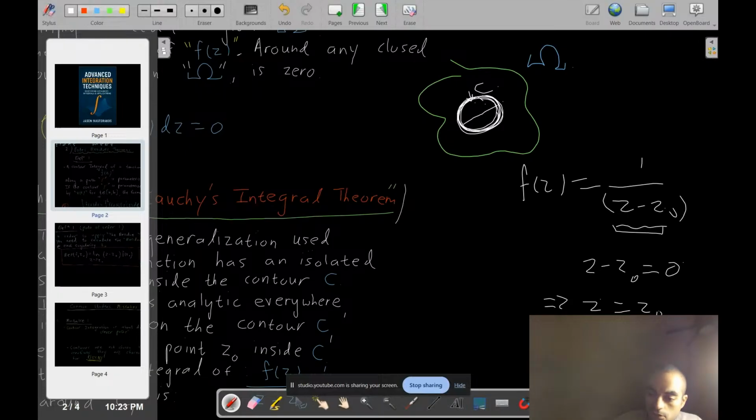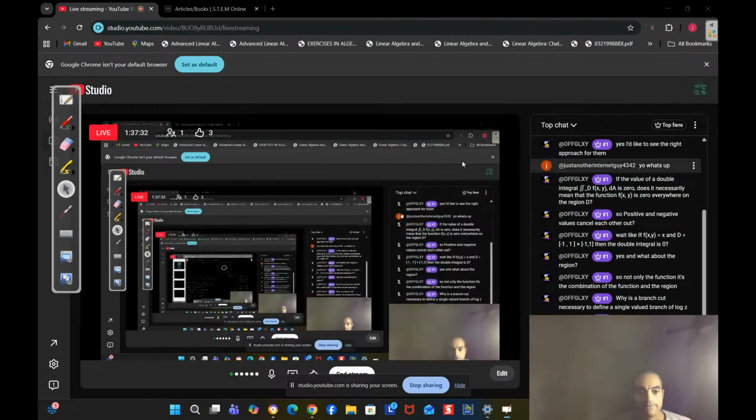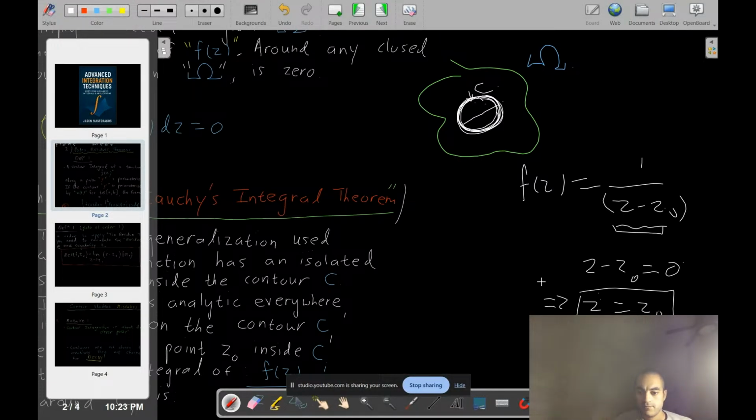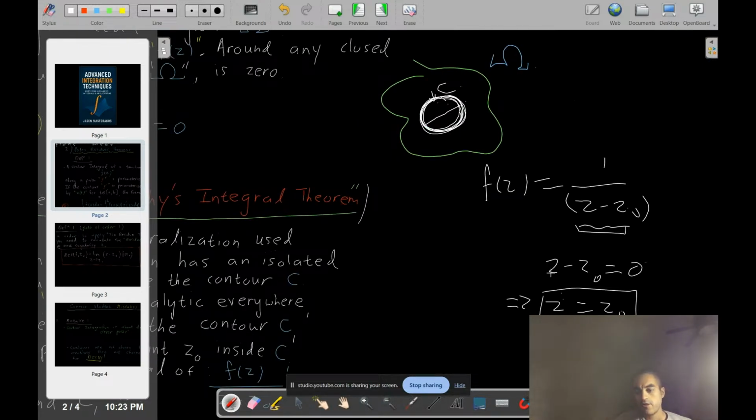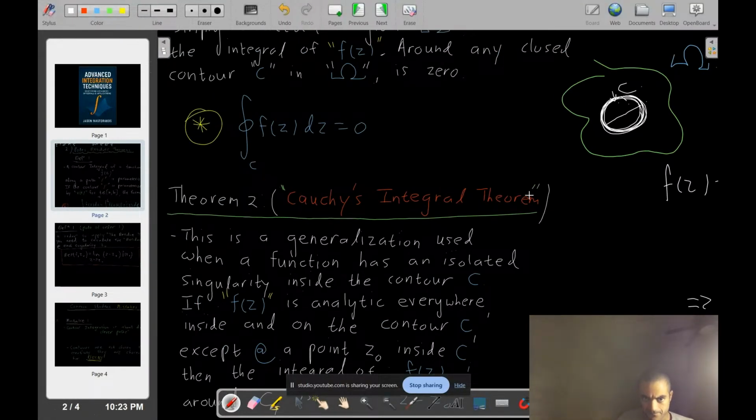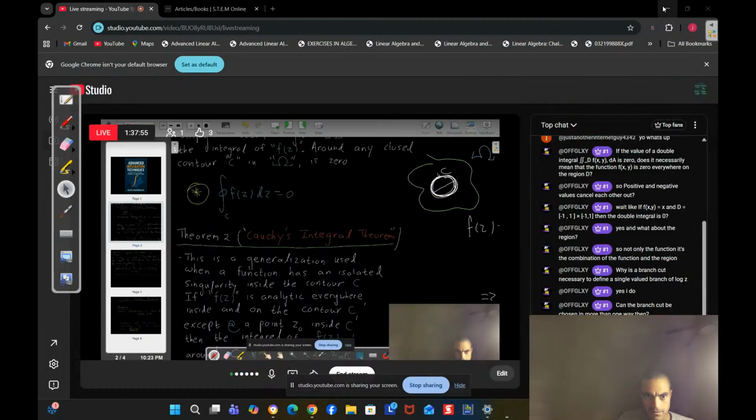And this z0 is your pole. So to evaluate the singularities is just taking what's in the denominator of your complex function, setting it to 0, and then solving for z. Any questions?